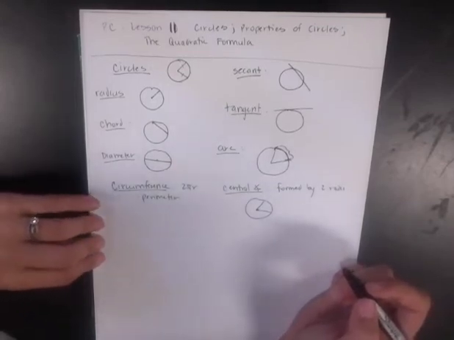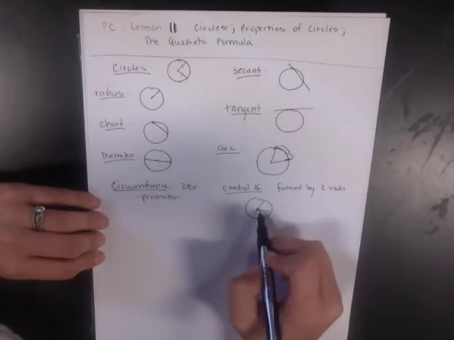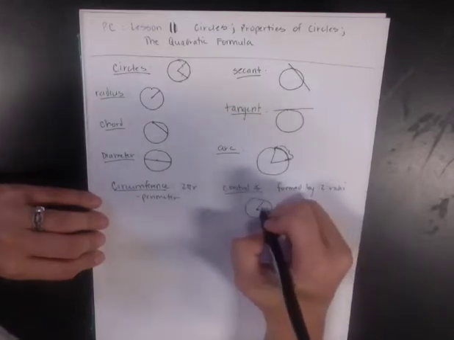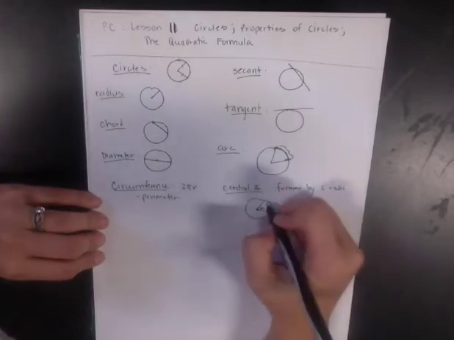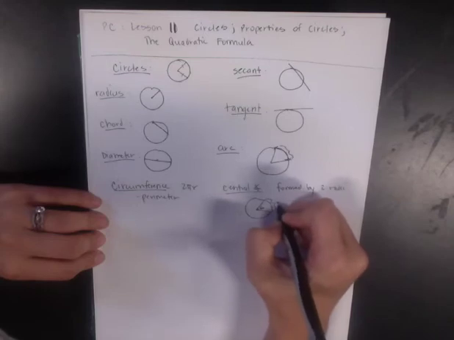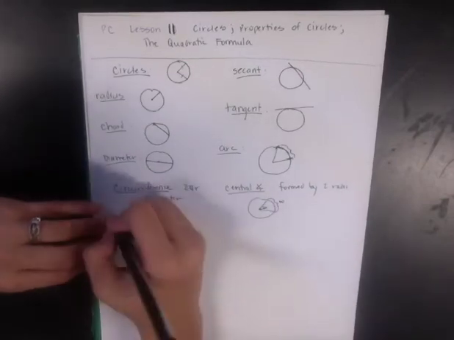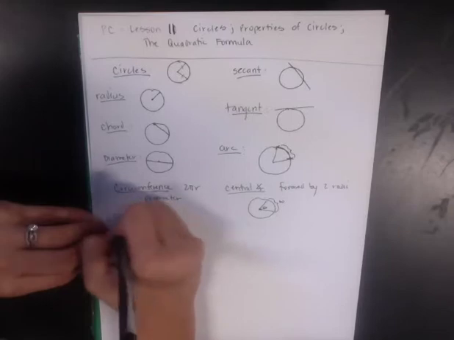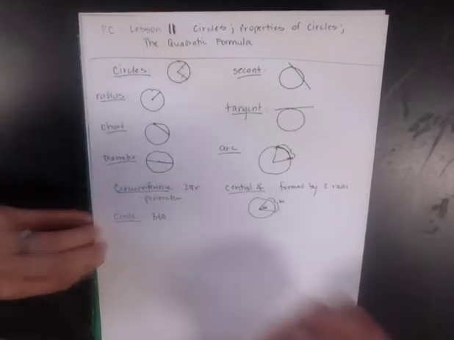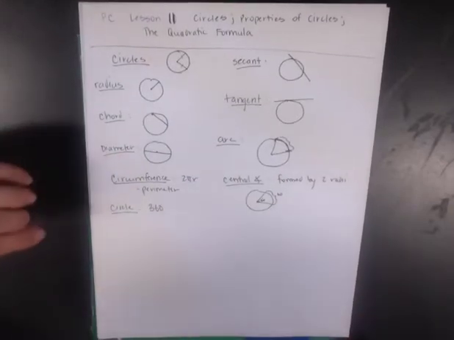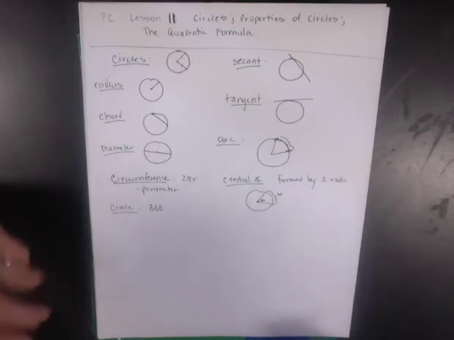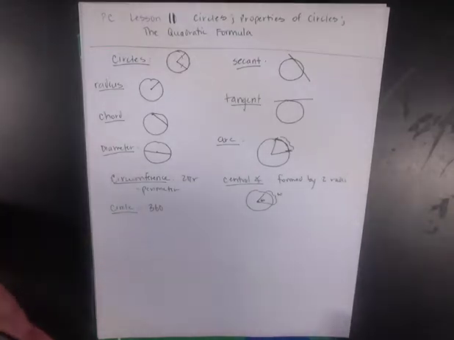Now, we know that a central angle here, so if this angle was 60, then its arc angle is also 60. Okay. And we know a circle is 360 degrees. Now, I know that's a little bit of a duh statement, but it's good that we remember that. We'll be using that in a lot of different facets.